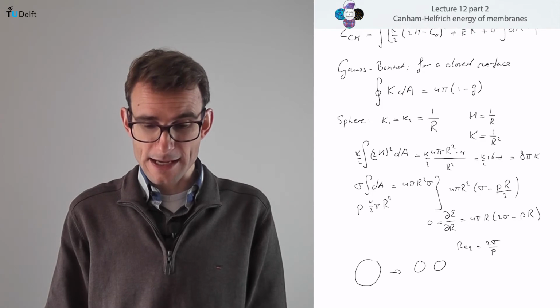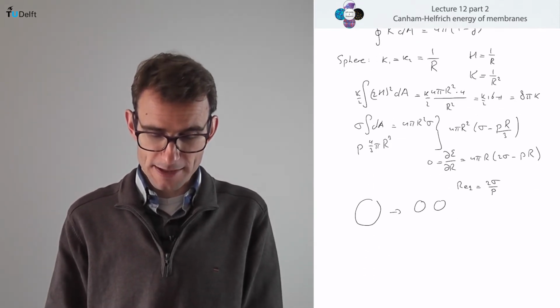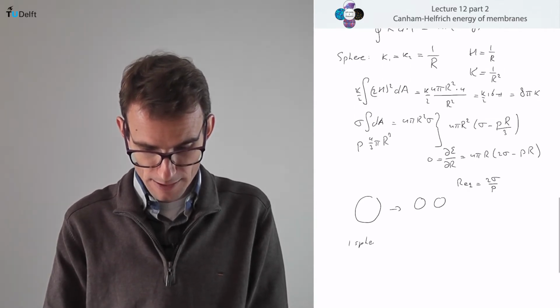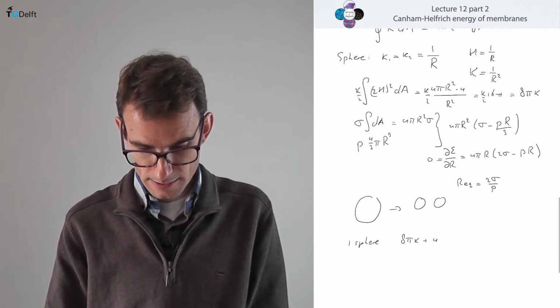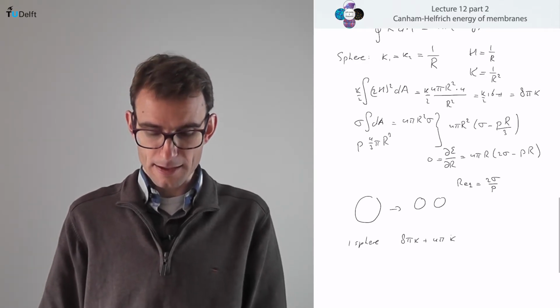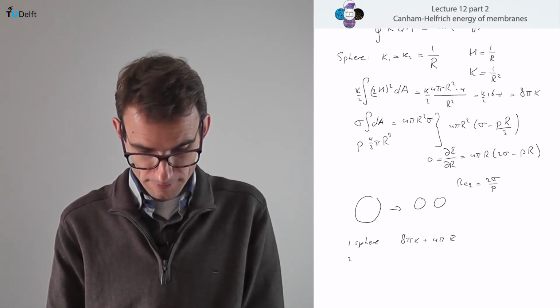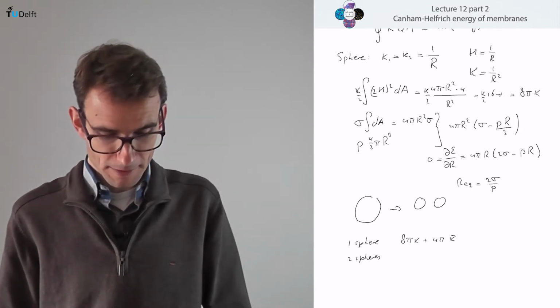So if we look at a sphere and we simply look at the bending contributions, right, what we find is that for one sphere, we have 8 pi kappa plus 4 pi kappa bar. And for two spheres, what we get is double this.